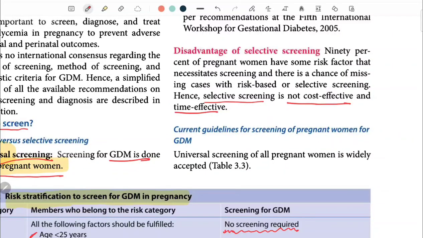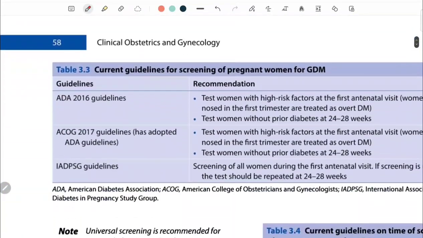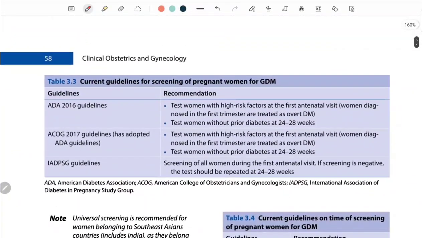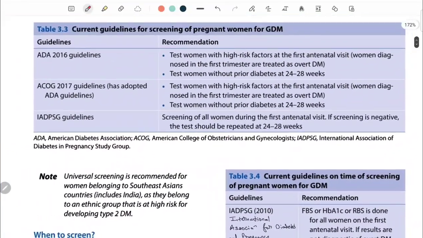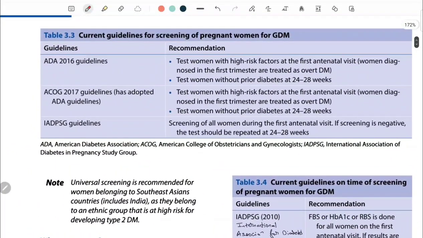Now let's look at the current guidelines for screening of pregnant women for GDM. Universal screening is the one which is accepted for all pregnant women. The first is the ADA guidelines, that is American Diabetes Association guidelines.